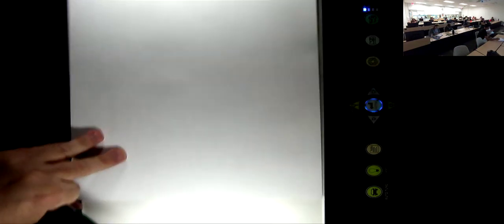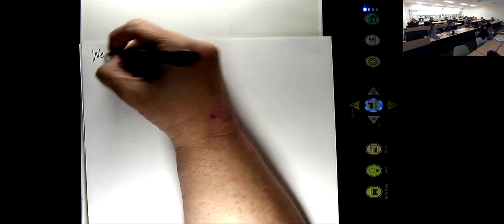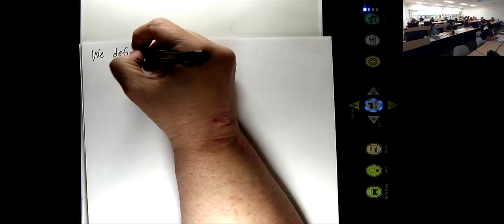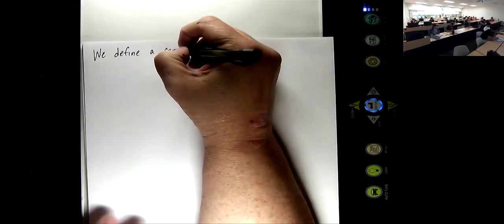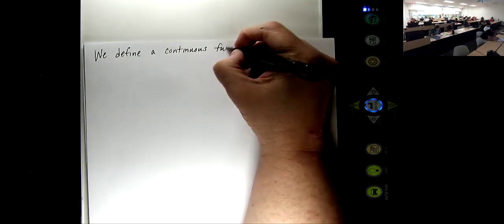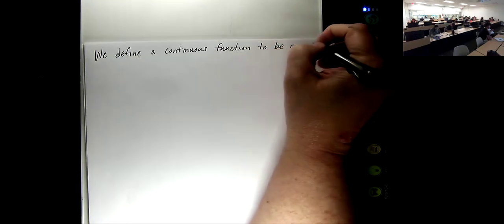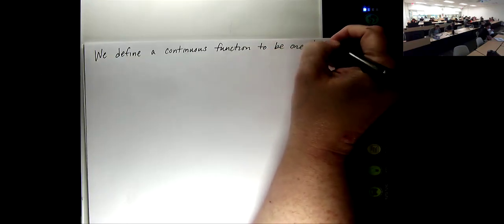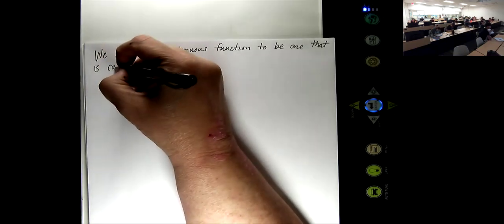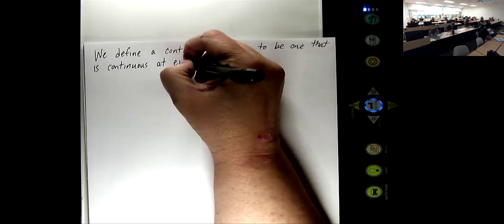Okay. So one more thing to add. We talked about continuity on an interval, but what about the entire function? We define a continuous function to be one that is continuous at every point in its domain.